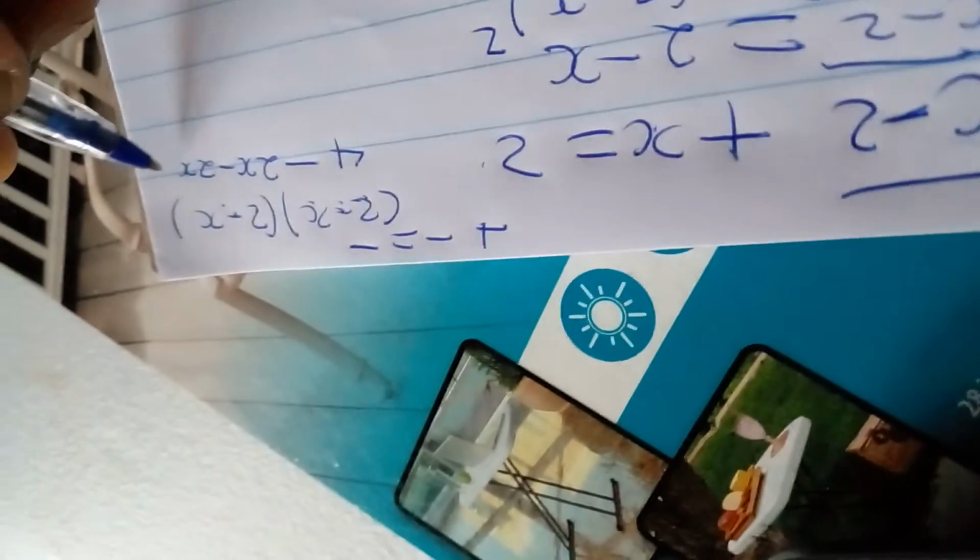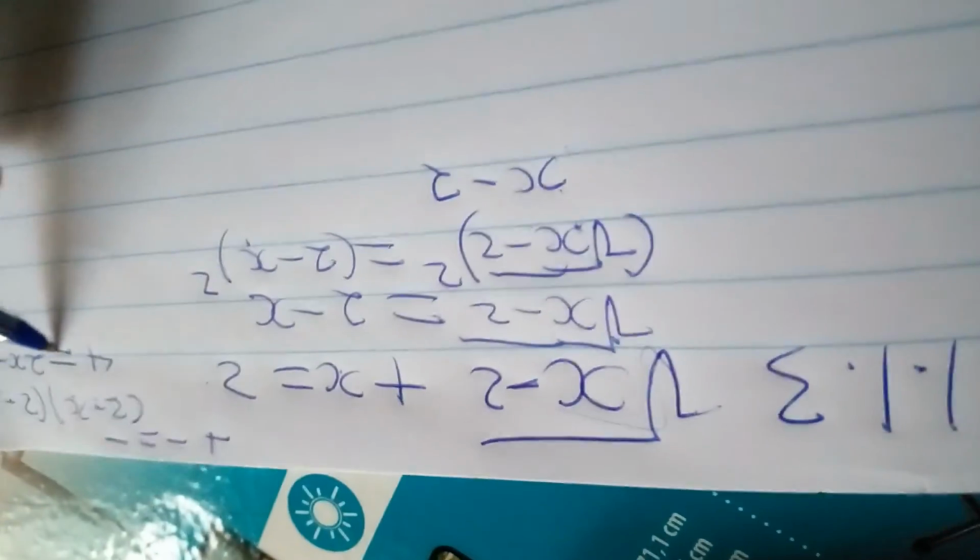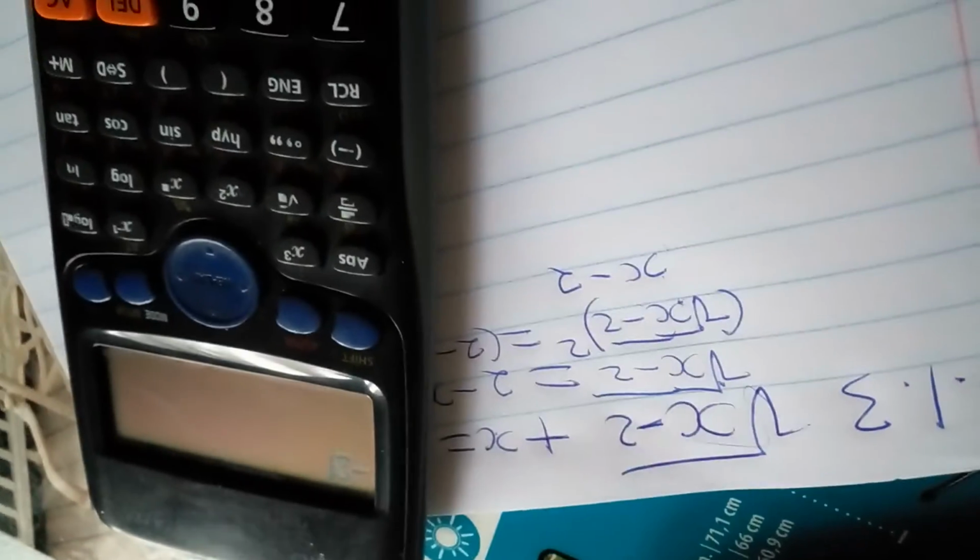A negative and a negative is a positive value, so it will be a positive x squared. So negative 2x and negative 2x is negative 4x. So it is equal to 4 minus 4x plus x squared.